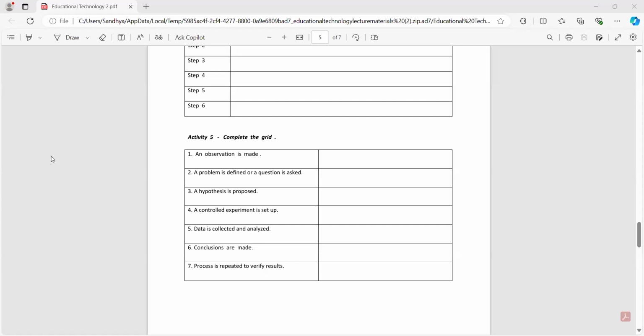Observation is the apple slices turn brown after sitting out. Is it correct, madam? Yeah, correct. Second question: can I help stop the apple from turning brown?